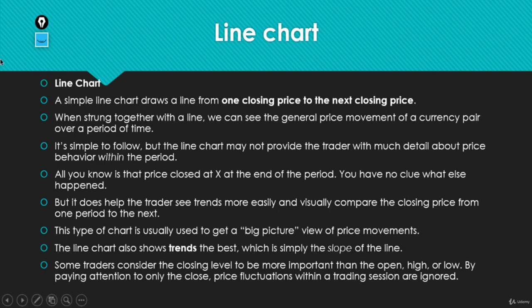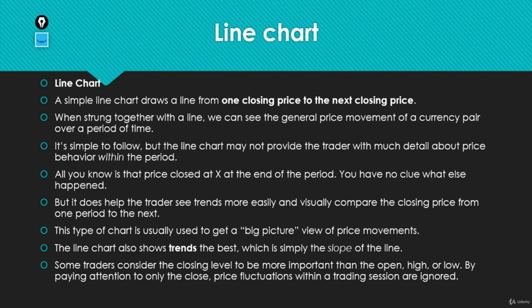First one, we start with the line chart. A line chart is a simple chart drawing a line from one closing price to the next closing price. When strung together with a line, we can see the general price move of a currency pair over a period of time.